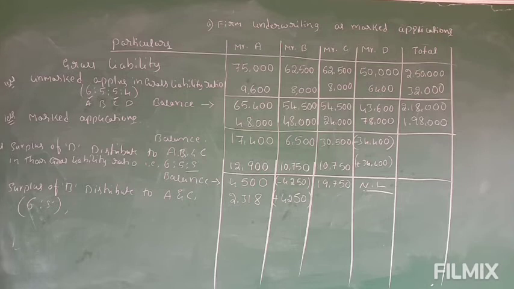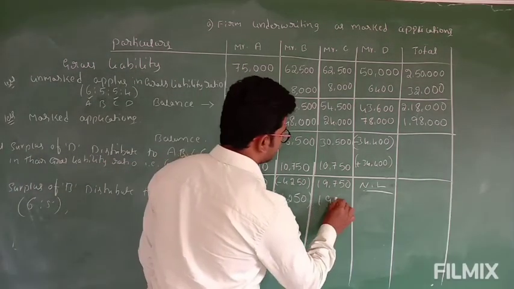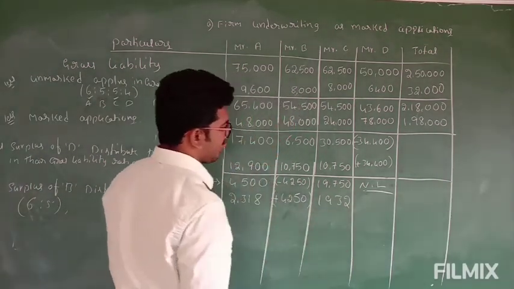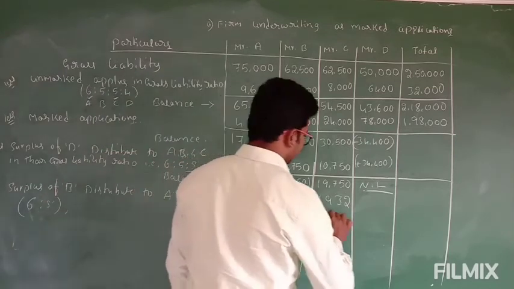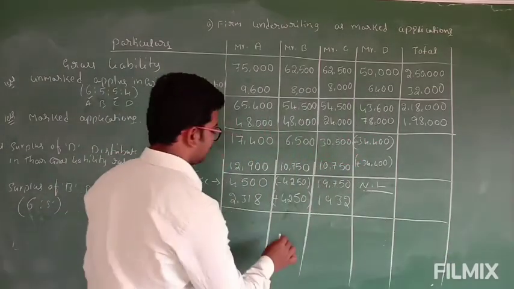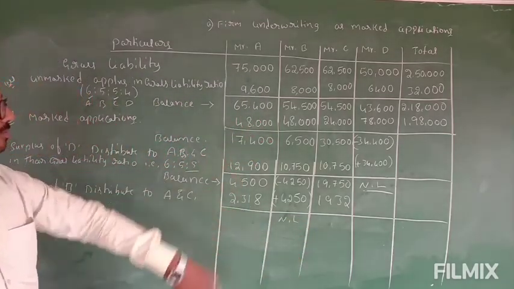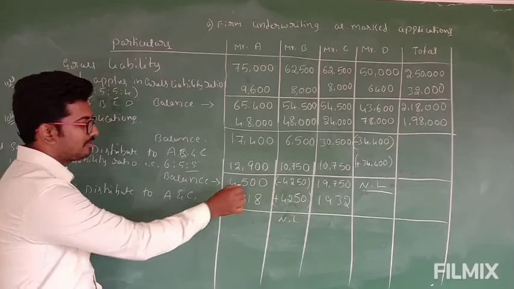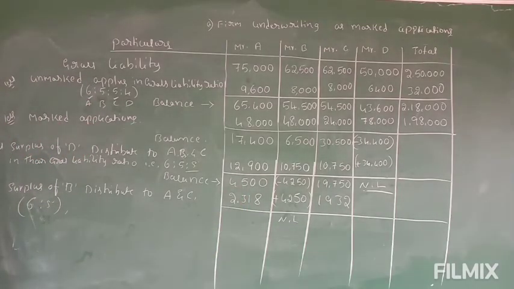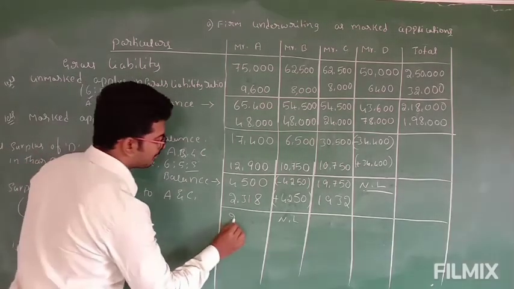Again, what is C's share? 5. 4,250 into 5/11, you will get 1,932. So this will become nil. So remaining partner's balance: 4,500 minus 2,318, we will get 2,182.